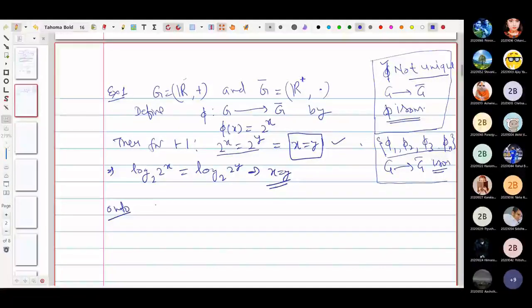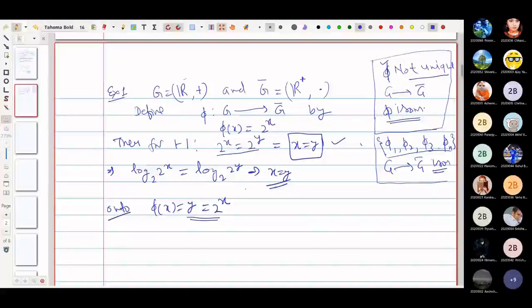Then onto. How can we write onto? For onto, phi of x is going to be mapped to some y. If it is 2 to the power x, we can solve this so that each image has some pre-image.